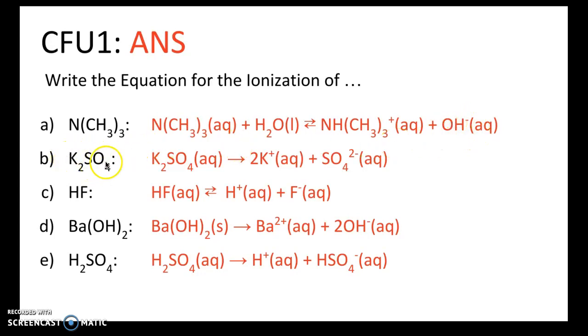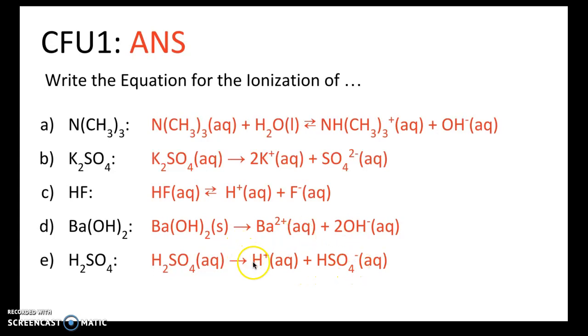Here we have a group 1 salt, and remember all group 1s are soluble, so that's going to break apart completely into its ions. HF is a weak acid, so that's going to only slightly break apart into its ions. Barium hydroxide is a strong base, so it's going to completely break apart into its ions. H2SO4 is a strong acid, so it's going to completely break apart into its ions.